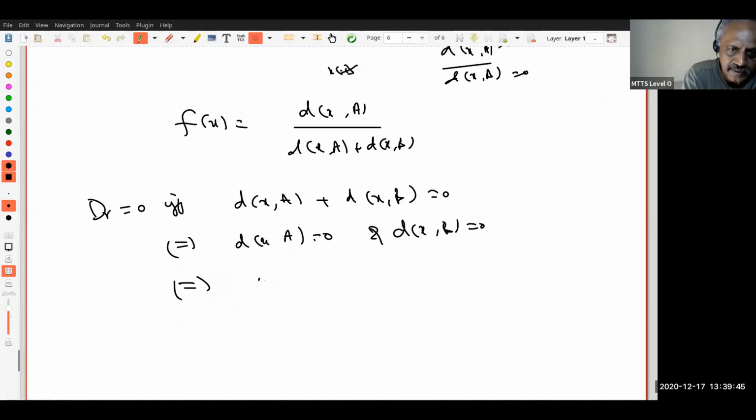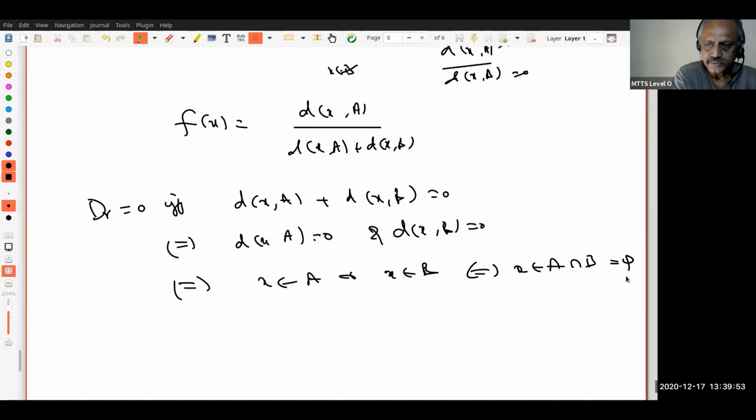But this means x is in A and x is in B. That is, x is in A intersection B. But that's empty, right? So this contradiction shows this is never 0. This cannot happen. Therefore, this is a function. This is a real valued function, right?